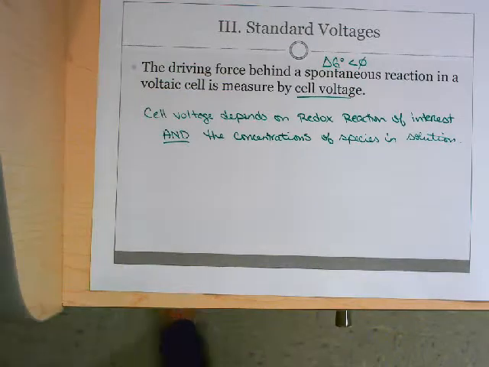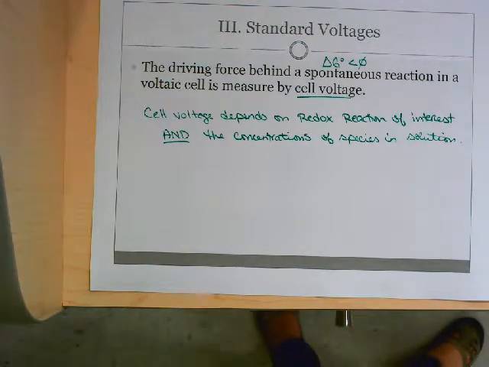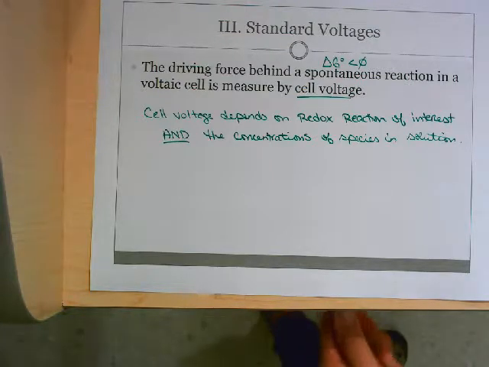Alright, so cell voltage is going to depend on what redox reaction you're using, right? But it also depends on the concentration of all the species in solution. So all the ions and whatnot affects the cell voltage.